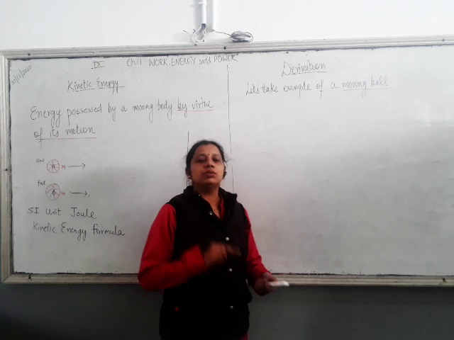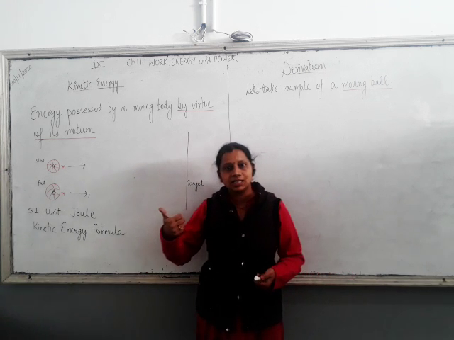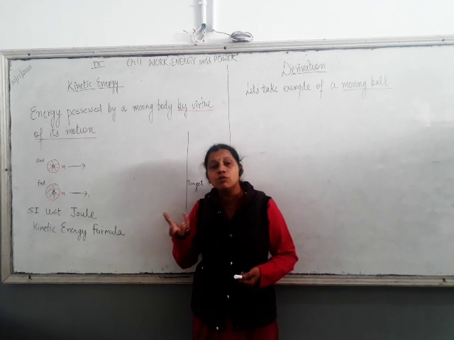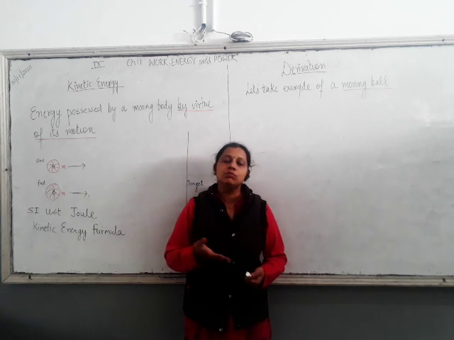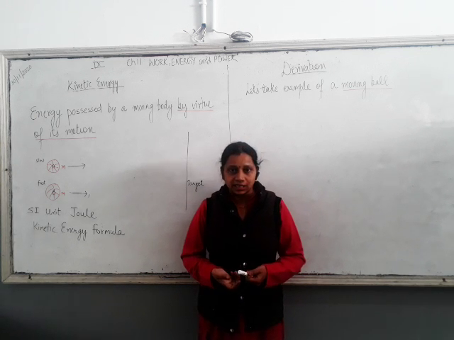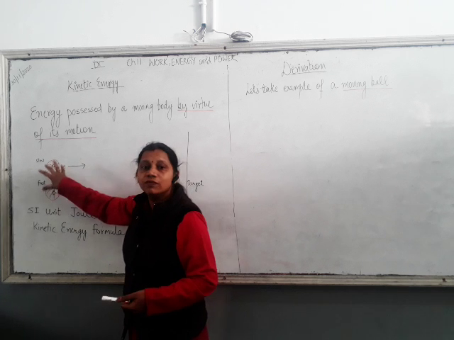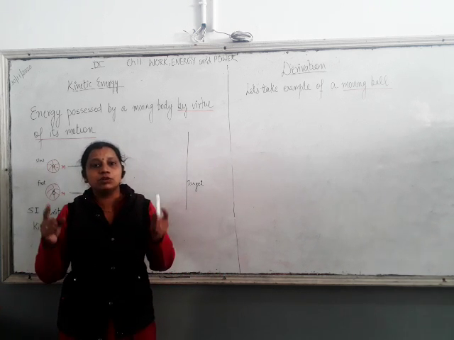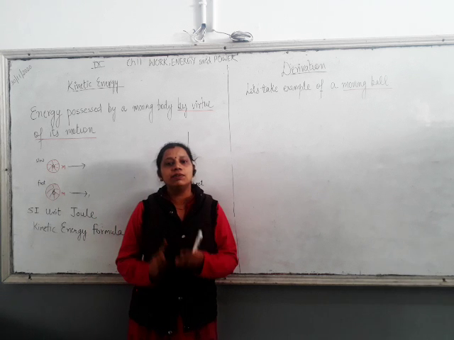So for a moving object, you have two things. One is its mass. Whatever energy a moving object has depends on its mass and its motion, and motion means its velocity. So I can say whatever energy this moving object has is proportional to its mass and its velocity.